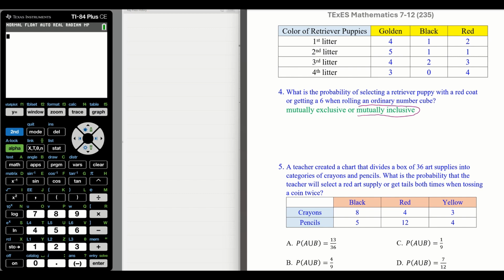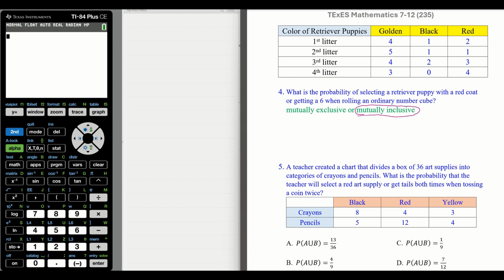It sounds strange, but that is how we calculate this. We want one or the other. We don't want both. So there can be a situation where we perform both events and get both at the same time, but that really isn't what we're looking for.